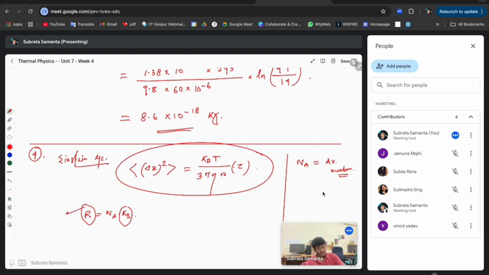So R is the universal gas constant, Kb is the Boltzmann constant and Na is the Avogadro number. Since we want to calculate the Avogadro number, you have to replace Kb by the universal gas constant R.